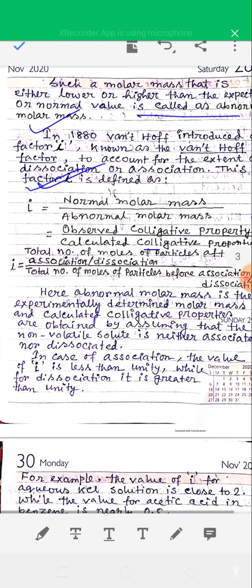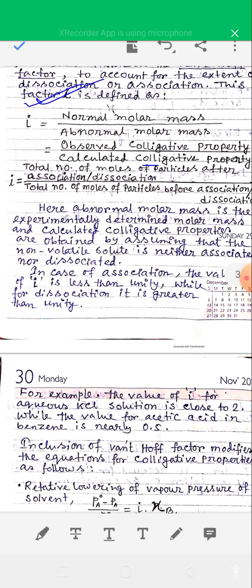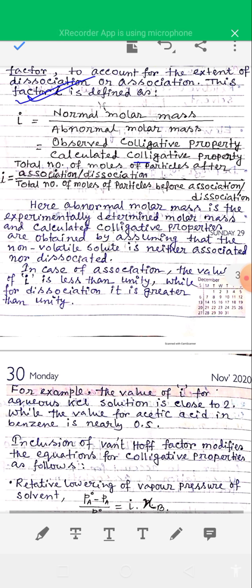Or you can also define the Van 't Hoff factor as i equals the total number of moles of particles after association or dissociation divided by the total number of moles of particles before association or dissociation.